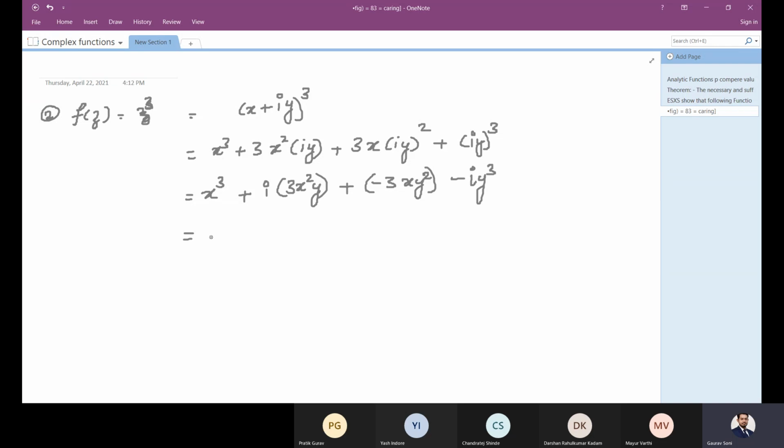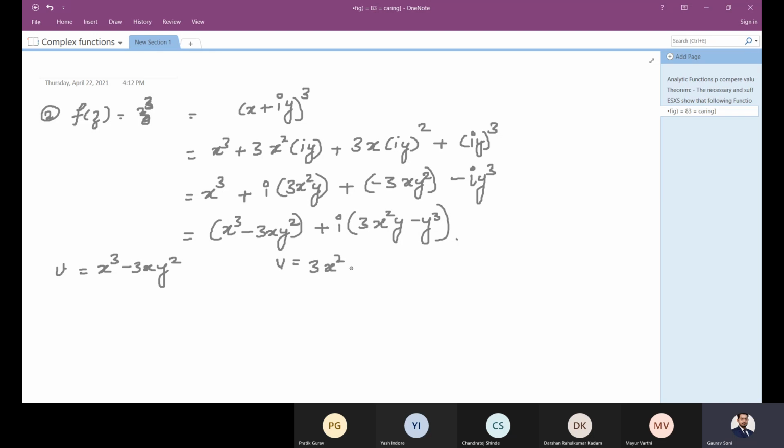So the real part is x cube minus 3x y square, plus i into 3x square y minus y cube. So u is equal to x cube minus 3xy square, and v is equal to 3x square y minus y cube.